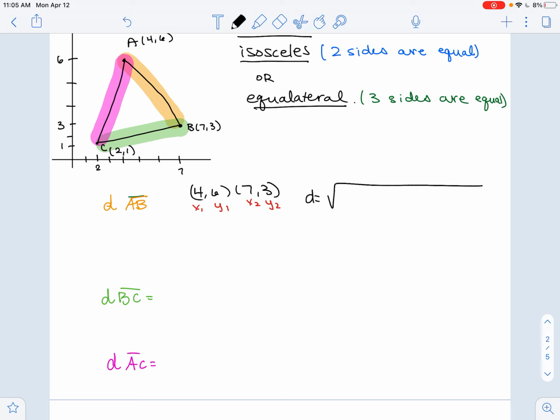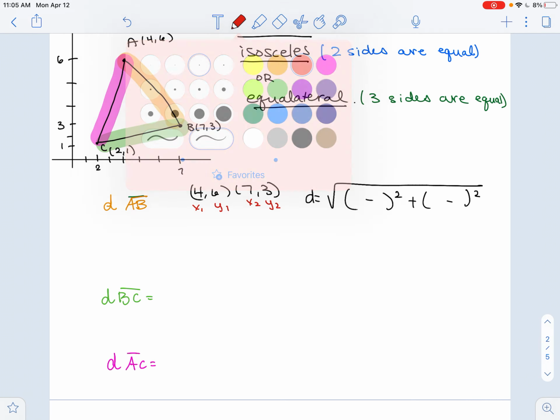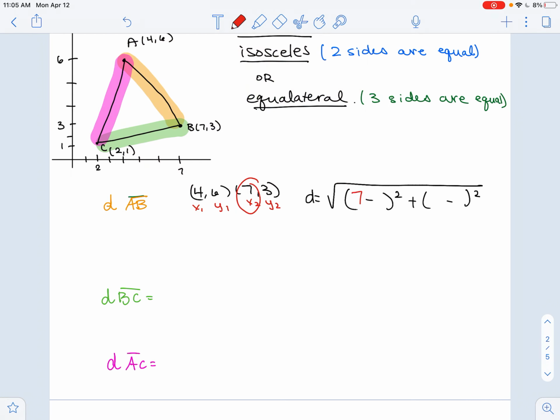D equals the root of, and we're going to set this up so that we don't miss it. So remember, we go x2 is this one here, minus x1 squared plus y2, which is 3, minus y1, which is 6. And then we're going to simplify that.